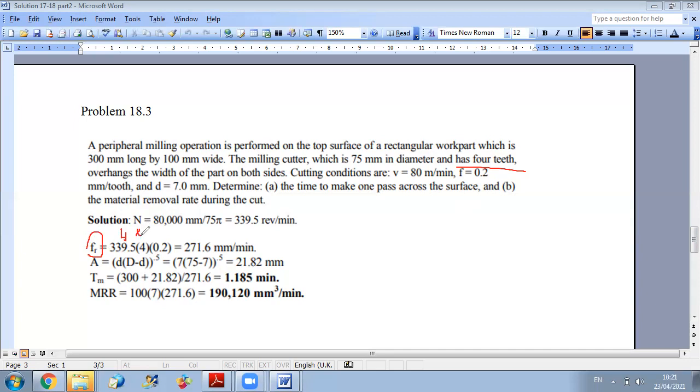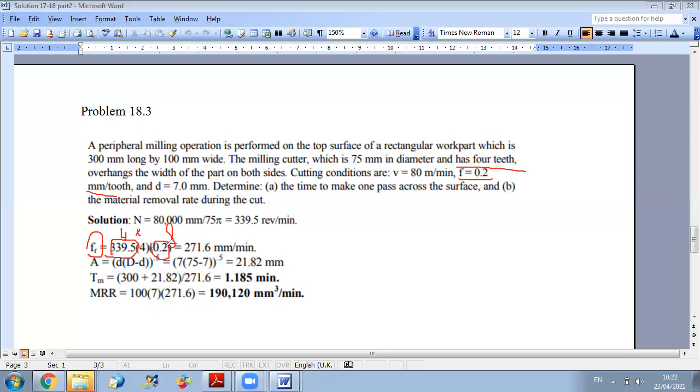Here we have that per tooth, the feed is 0.2 millimeter. So we multiply f per tooth by N, and then we multiply by the number of teeth. The difference is that we should account for the number of teeth in order to find the total feed rate, okay?